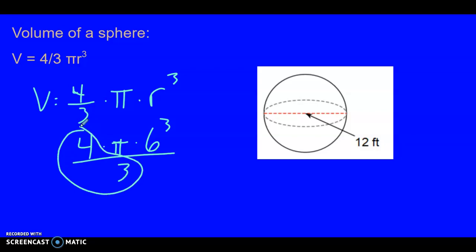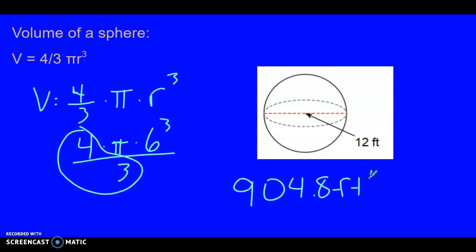But the easiest way to make sure we don't make mistakes in our calculator is, let's not get to the decimal until the end. So we can just type right into our calculator, 4 times pi times 6 to the third power. And we can take that answer and divide that answer by 3, and we get 904.8 cubic feet. So that's the volume of this sphere.